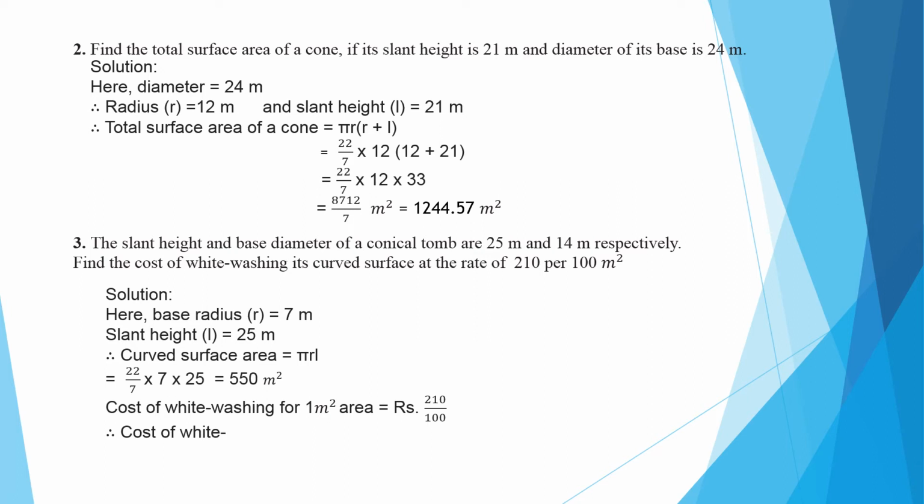So for 550 meter square it is rupees 210 divided by 100 into 550. On calculation we are getting 1155 rupees.